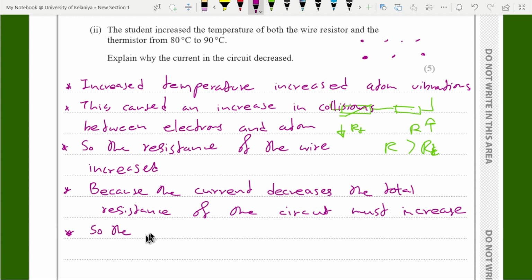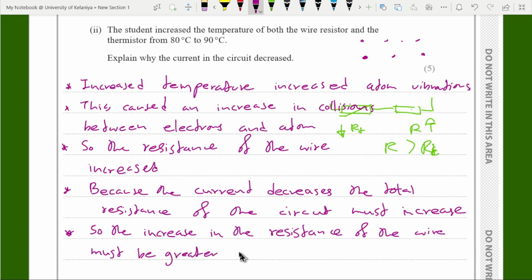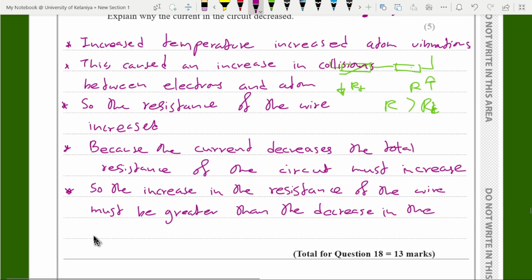So the increase in the resistance of the wire must be greater than the decrease in the resistance of the thermistor.